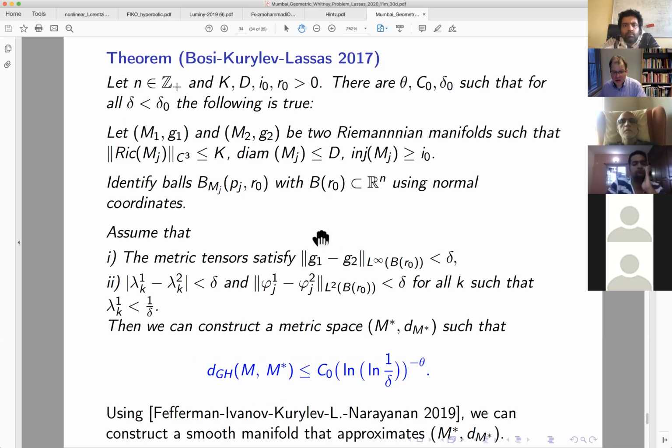So if the metric tensors in the ball are close to each other, and if all eigenvalues that satisfy the property that eigenvalue is smaller than 1/delta are close to each other, and if all restrictions of the eigenfunctions on these two manifolds restricted to this ball are close, smaller than delta, then we can construct a metric space M with some discrete metric, such that the Gromov-Hausdorff distance of the original manifold and the constructed metric space is bounded.